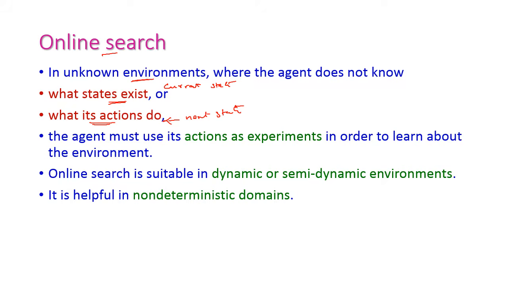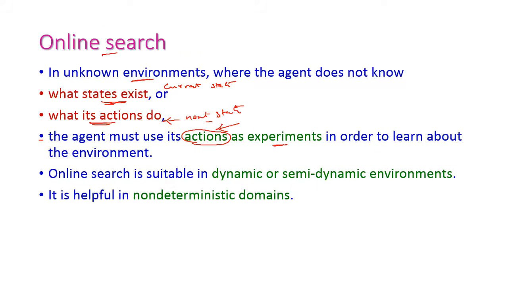So the agent does not have any knowledge about the current state as well as the next state, and the agent must use its actions, because the agent can only do actions on the environment, and these actions serve as experiments, because by means of experience only it can predict the next state, isn't it?